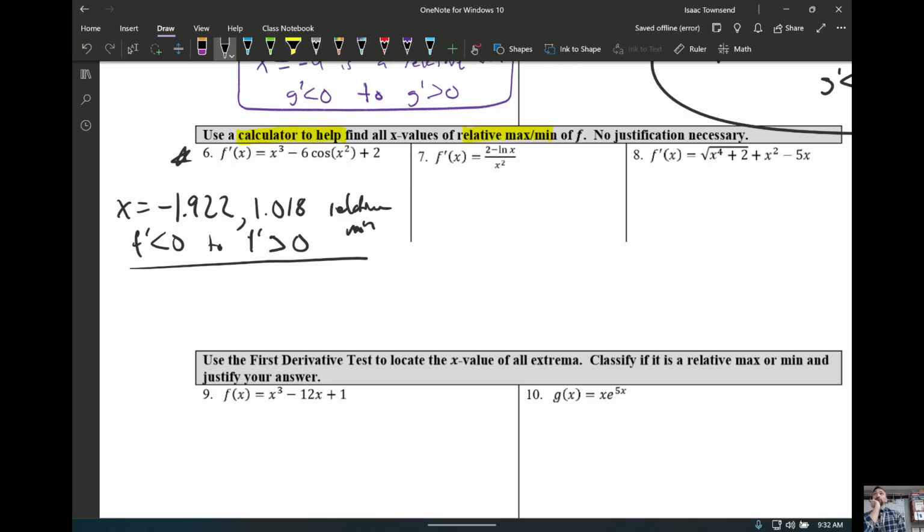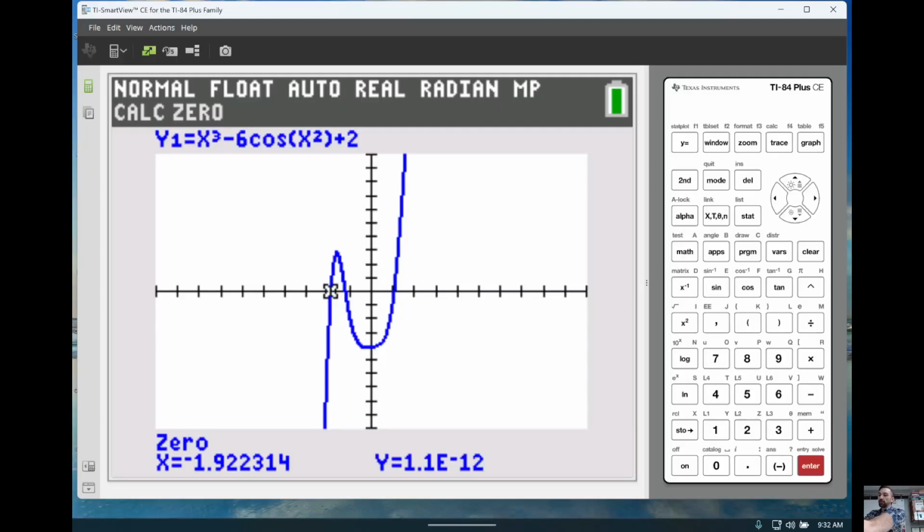And there was a third x-intercept, a third time where the first derivative equals 0. That doesn't mean that it's a relative max or relative min, though. So this is the other one. Does the direction of the graph have to switch here? Yes, positive slope before, negative slope after.